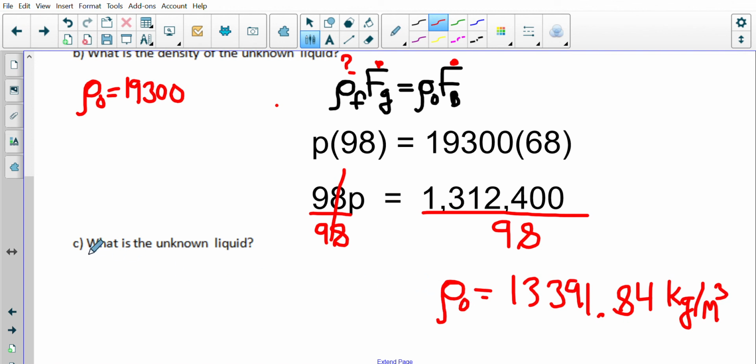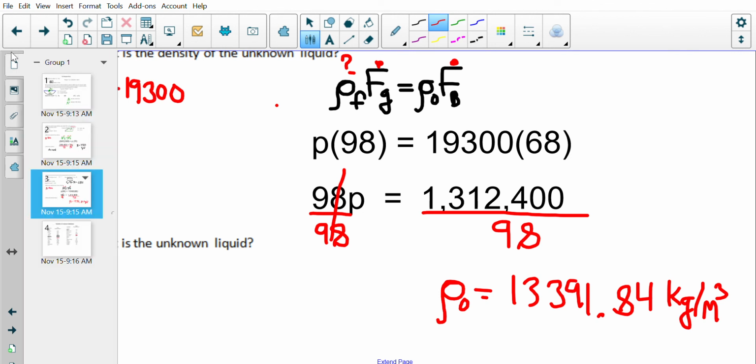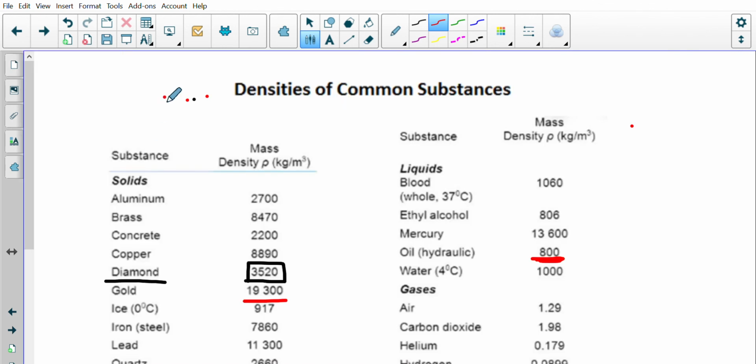And then it says, what is the density of the unknown liquid? Ooh, that's a big number. Okay, so again, I'm going to go to my chart, look for something 13,391. Density of my common substances. All right, it says it's a liquid. We're looking for, what was it, 13,391.